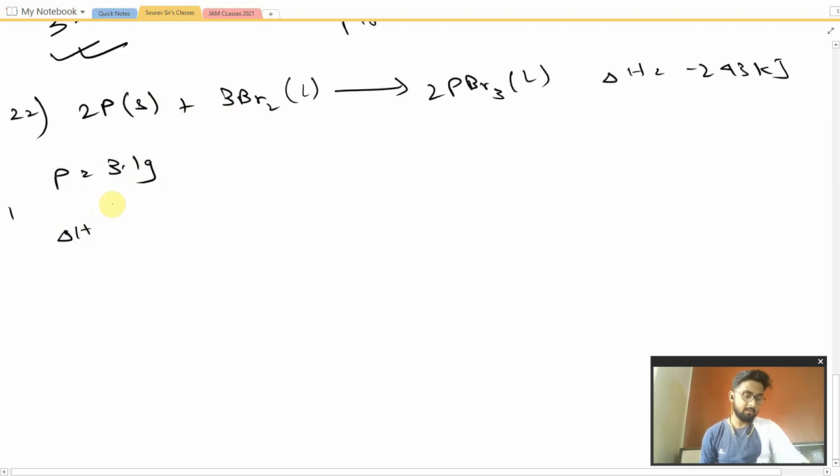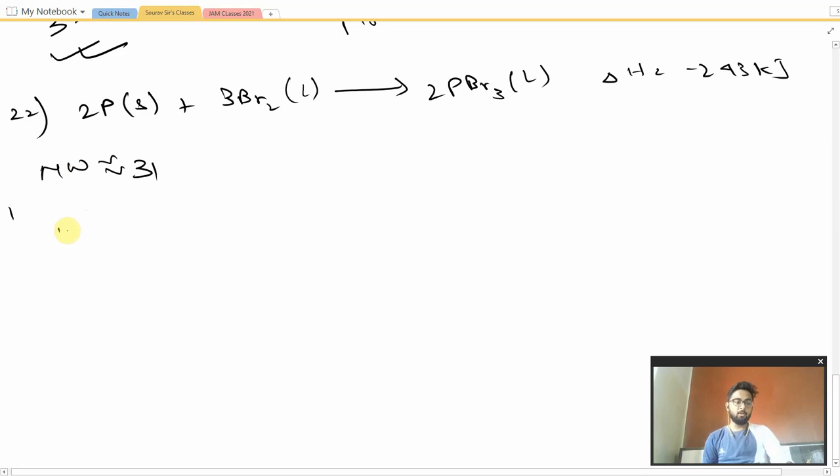So let us look into the question here. In this reaction, for 2 moles of phosphorus, the overall delta H is minus 243 kilojoule per mole. Now phosphorus has an atomic weight of almost 15.5, which we consider as 16, but it is normally 15.5. So 2 phosphorus would have a weight of almost 31.